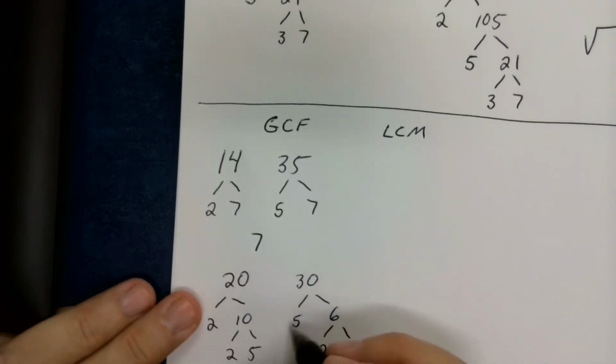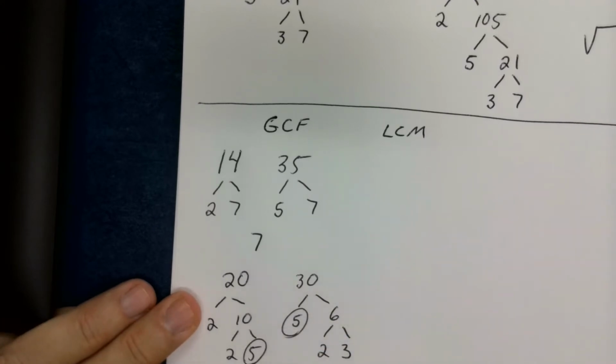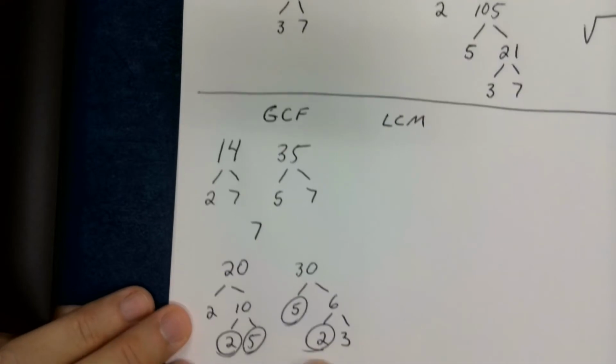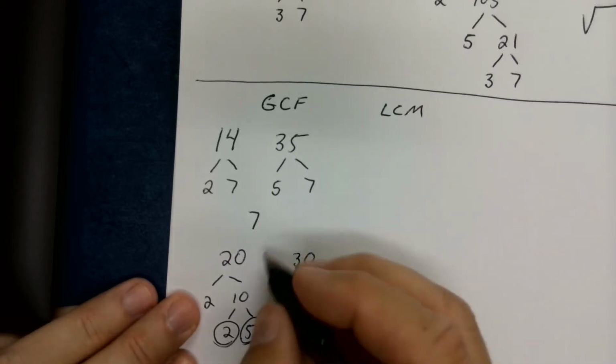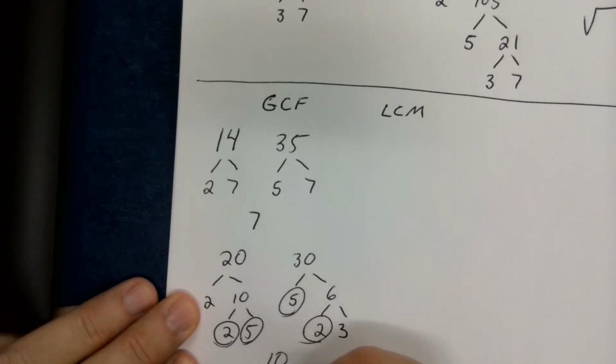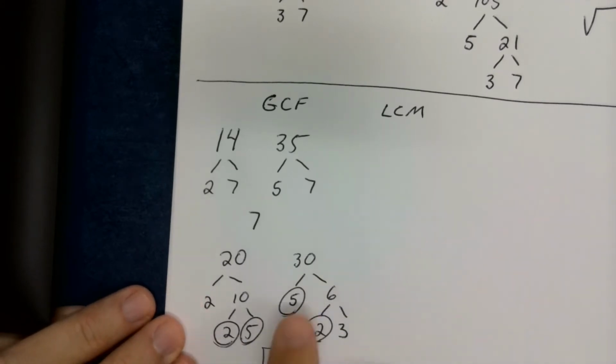Then you would see that they both have common factors of 5, but they also both have common factors of 2. And then what we can say is the greatest common factor between 20 and 30 is actually 10. It's the product of those two things. So we're looking for the biggest numbers that can go into both of those.